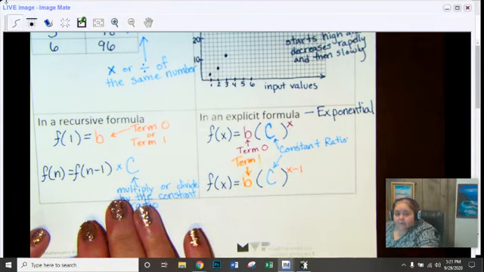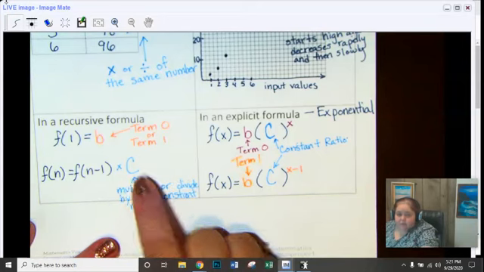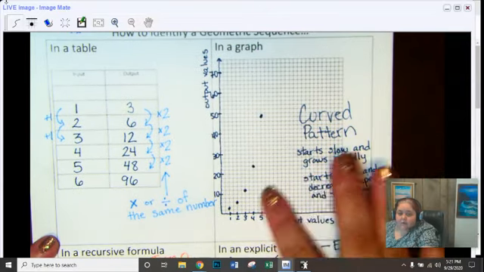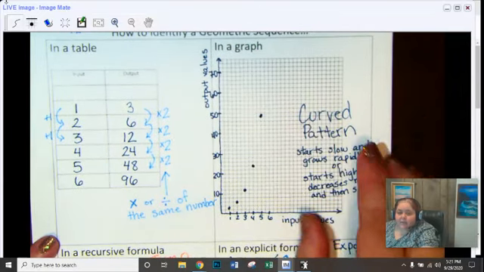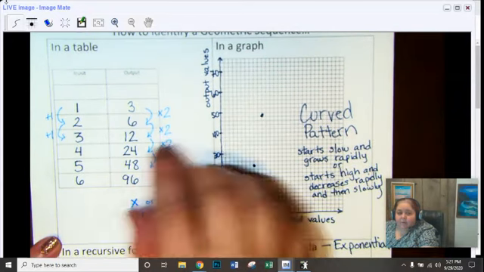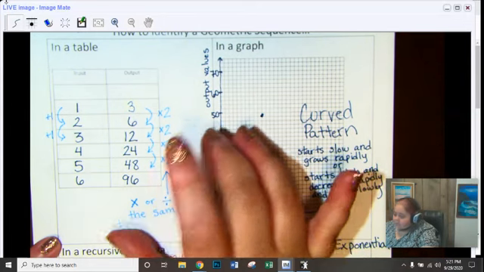From a recursive formula, if you're multiplying or dividing, it's a geometric sequence. From a graph, if it's a curved pattern, then it's a geometric sequence. And from a table, if you're multiplying or dividing by the same number, then it's a geometric sequence.